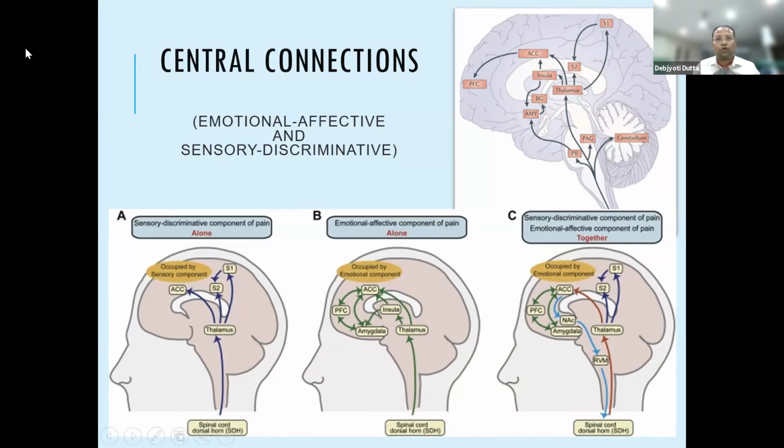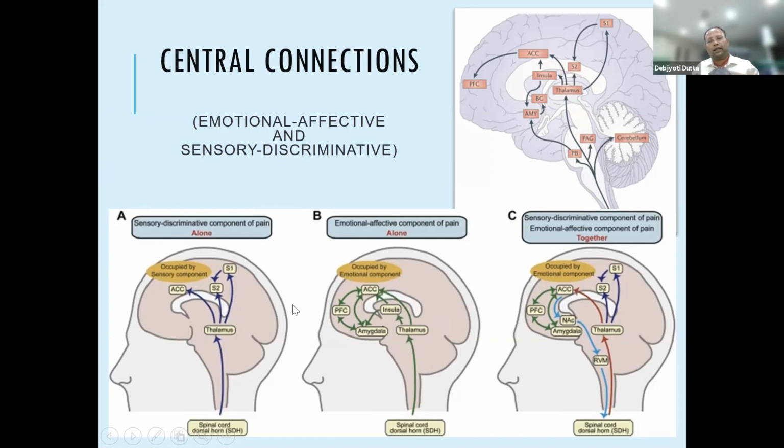This happens. So why? Because it is not only the sensory discriminative part, not only the sensory part which decides the perception, it is the emotional component also which decides the perception. These two things. So we understand these connections. You later see prefrontal cortex, anterior cingulate, SAC, insula.